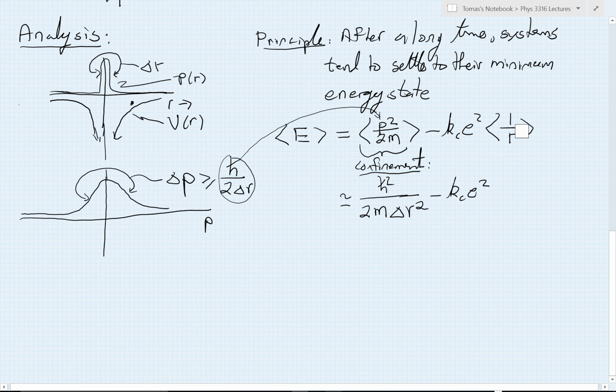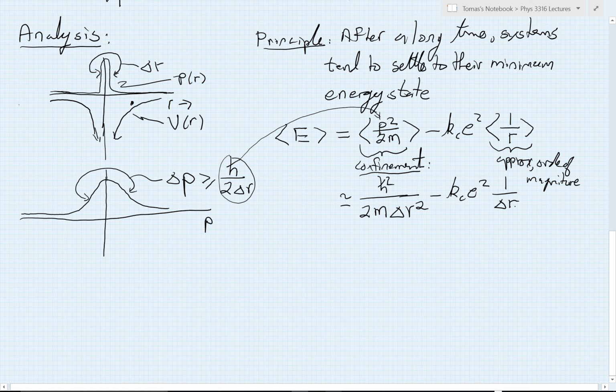So the numbers that I'm averaging are typically 1 over my typical value of R. So I'm averaging together a bunch of terms that all have the same basic size, namely 1 over delta R. So order of magnitude wise, very approximately, I can simply say that the average of 1 over R is about equal to 1 over delta R.